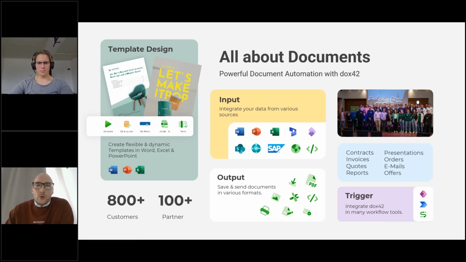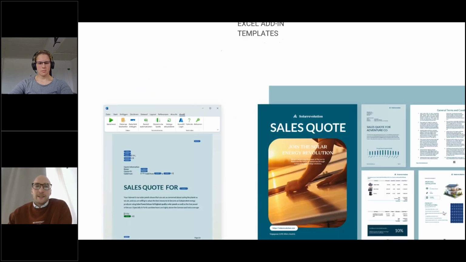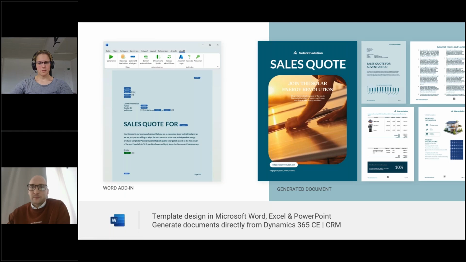Now with this overview, perhaps a little look into the template design itself. We have it here as an example, but I think this should just serve as an overview of what we're looking at live now, because the template design here is best looked at in just a live demonstration, so you get a feeling for how you would actually interact with it. And the example that I would like to show here is the sales quote out of Dynamics CRM.